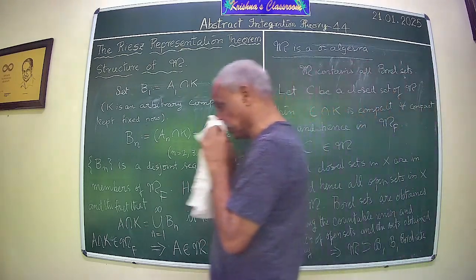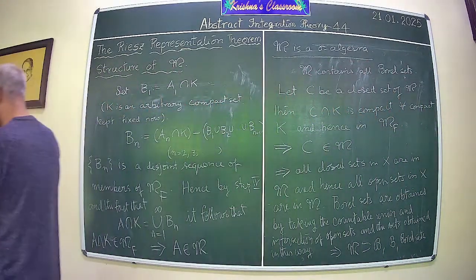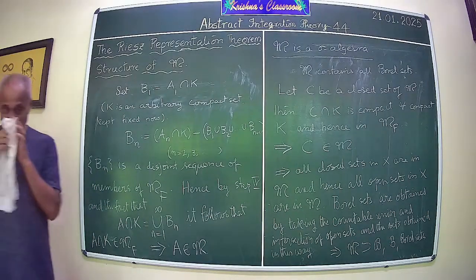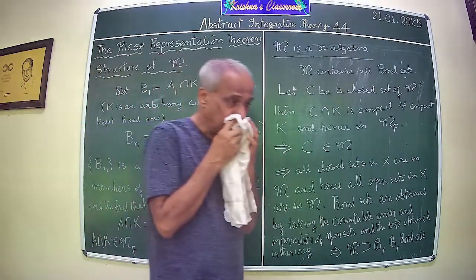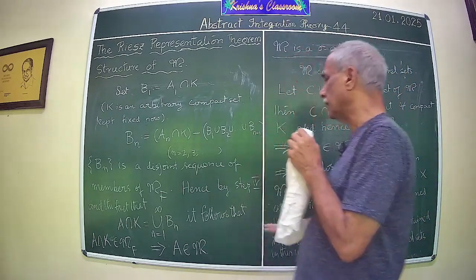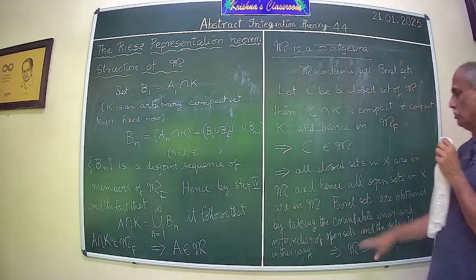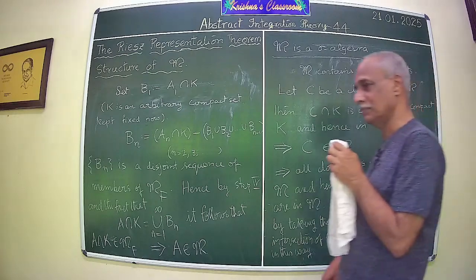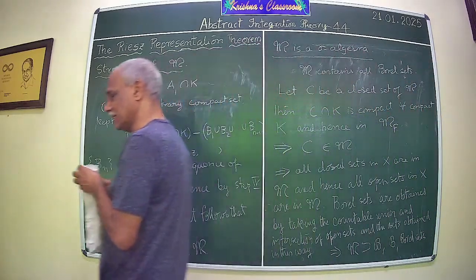That means, you see, the Borel sets come out from the open sets in the topology on X. So all topologically significant sets are now measurable. This is the greatest advantage that you have.